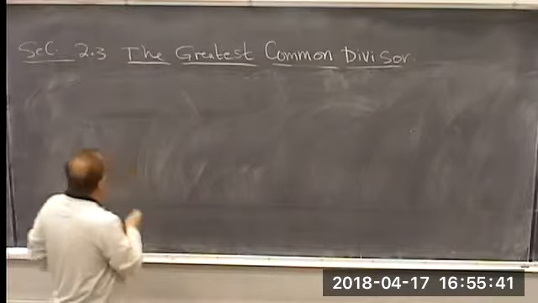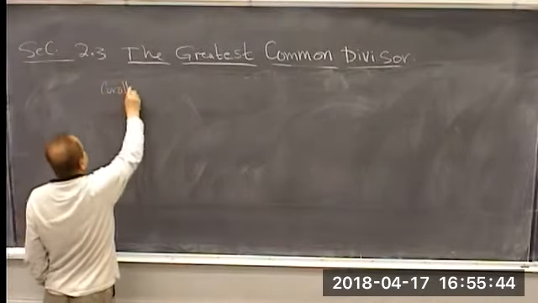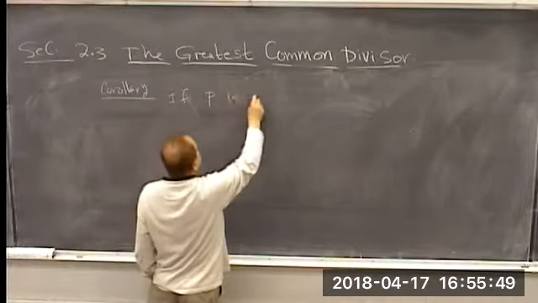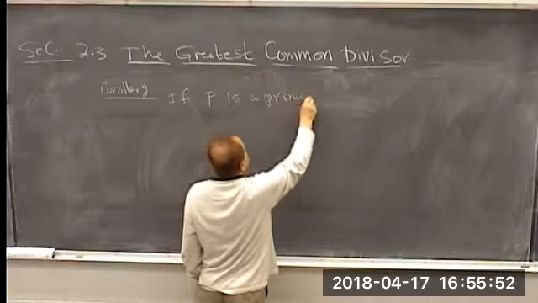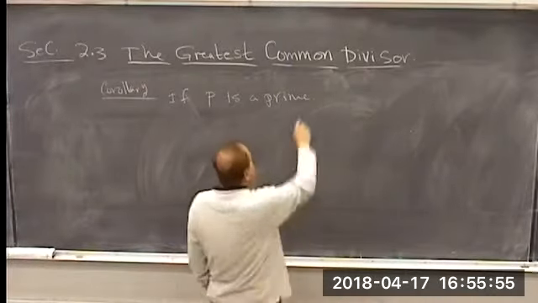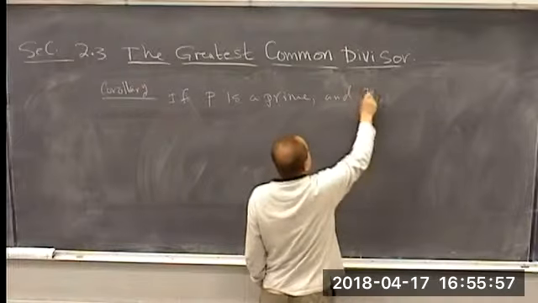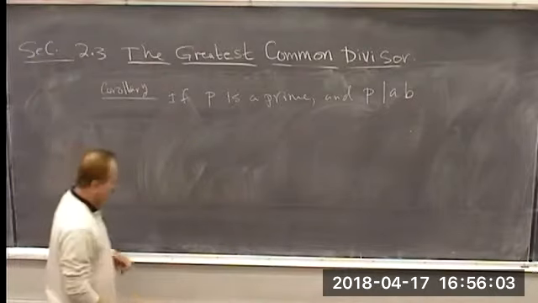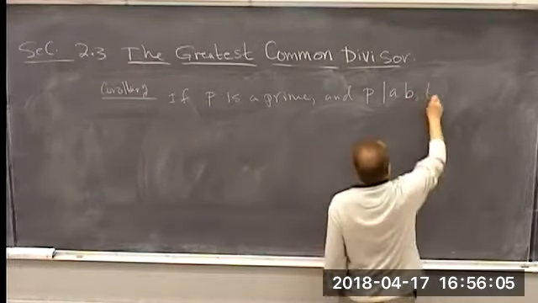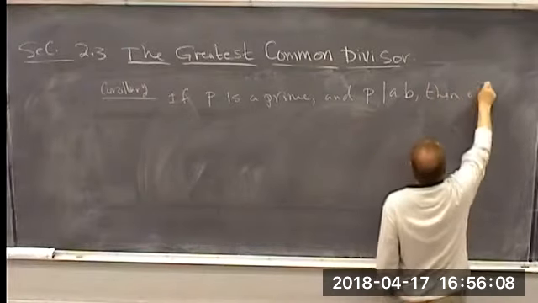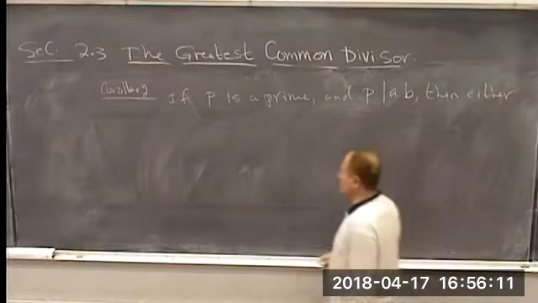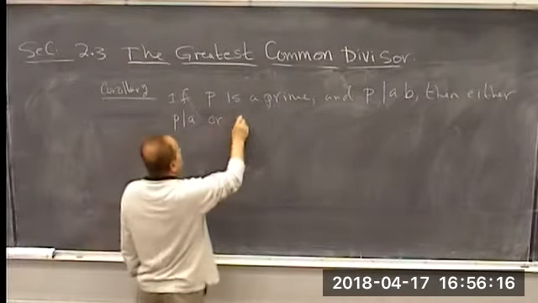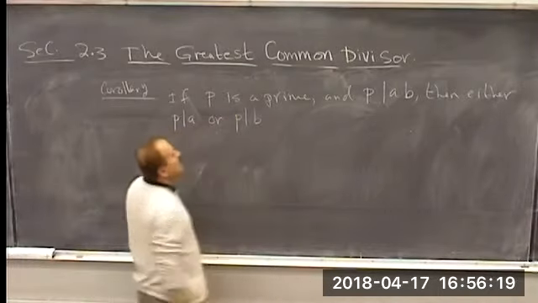Let's assume that there's a corollary. If P is a prime and P divides a product of two integers A, B, then either P divides A, or P divides B, or both, of course.